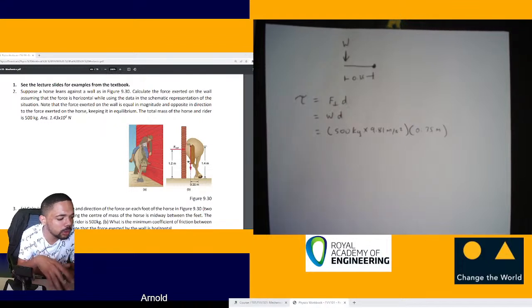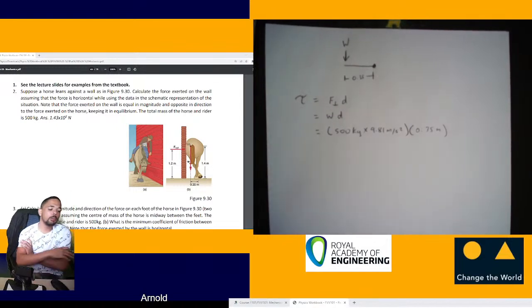I'm just going to give you the answer here, and then I'll get back to you. I used cos because cos will give me the perpendicular component of that force. We always use the perpendicular component of the force, meaning the component of the force that is perpendicular to the direction of the beam or whatever it is, the door.